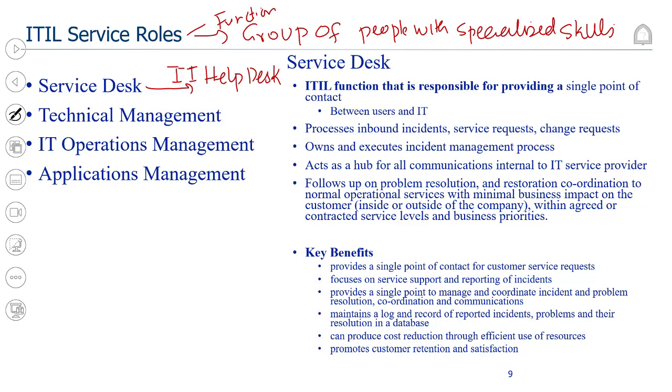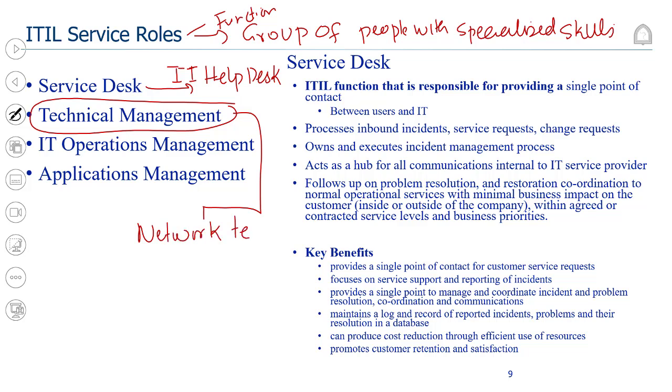They collect every issue that you've got within the IT, with the IT service management. And then you've got the technical management. Now you will not find this as one technical management team. We always have different teams here. In most organizations, for example, you'll find a network team. Nobody implements just one technical management team.